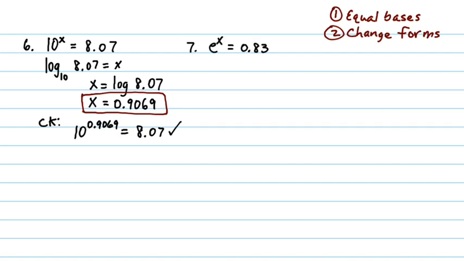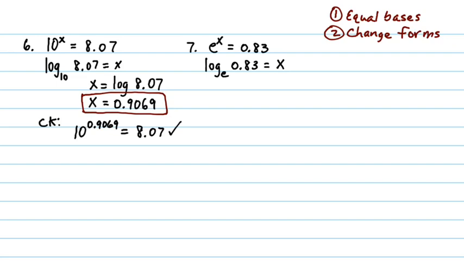So e to the x equals 0.83, or 83 hundredths. So we're going to have to change this to log form as well. It's going to be base e log. Again, I've shown you this before.